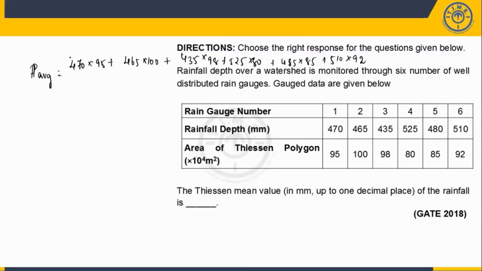Upon the total area. We have the total area into 10 power 4. Yes, sir, taking 10 power 4 as common.